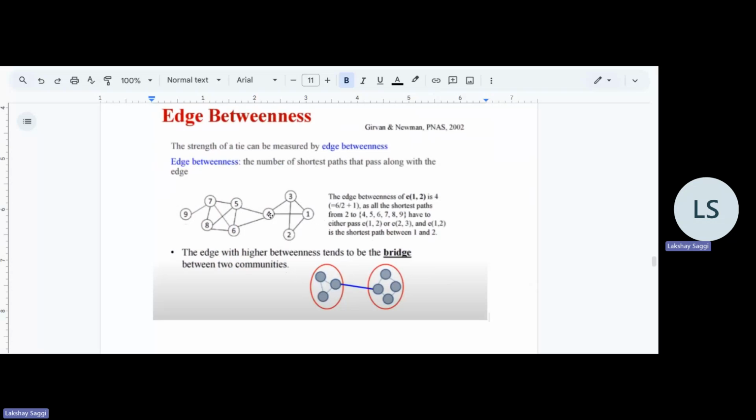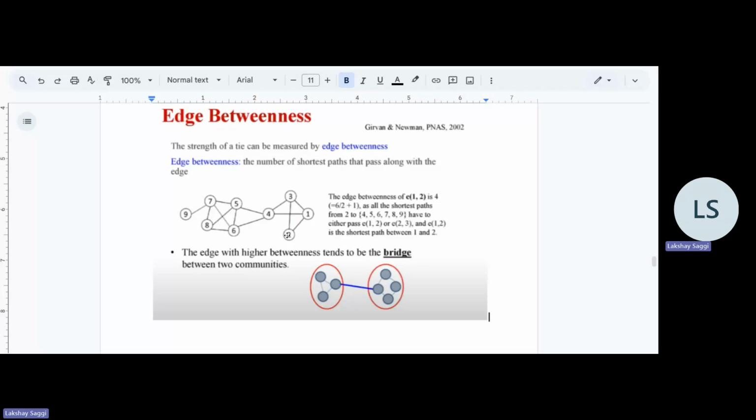Similarly for 2 comma 6, 2 comma 7, 2 comma 8 and 2 comma 9, this 1 comma 2 edge will be used. For all these vertices, it will be used in exactly half the number of paths.